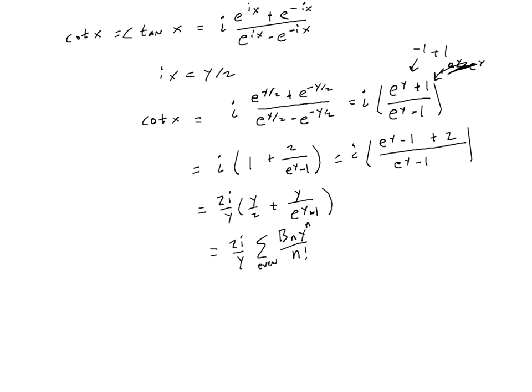So now we've basically turned our cotangent into an infinite series. Okay? So we want to get back to x because this is all written in terms of x.